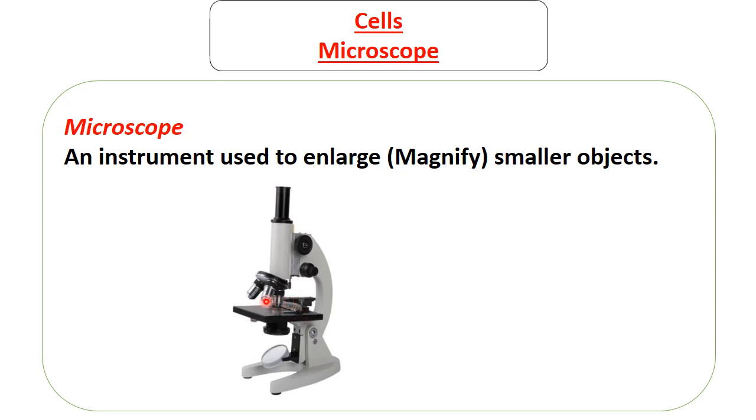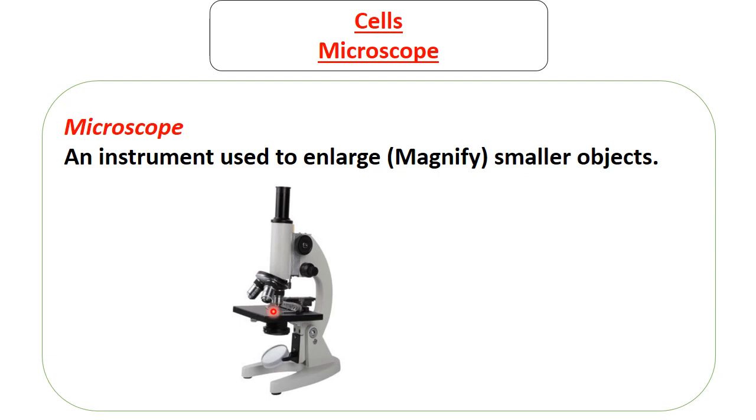Once you put your specimen on the stage and choose one of these objective lenses, you look through here. This is called the ocular lens or eyepiece. Through the eyepiece, you'll be able to see the object that's being studied.